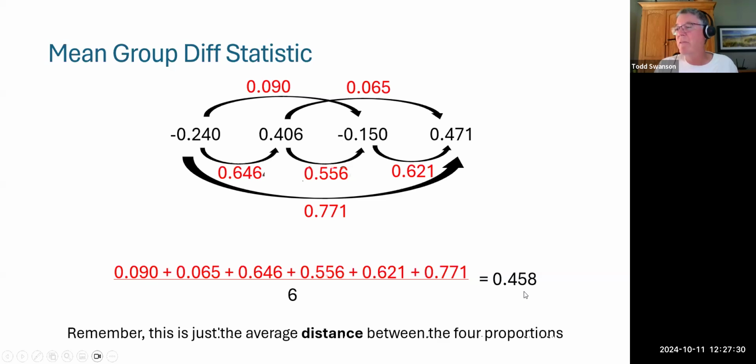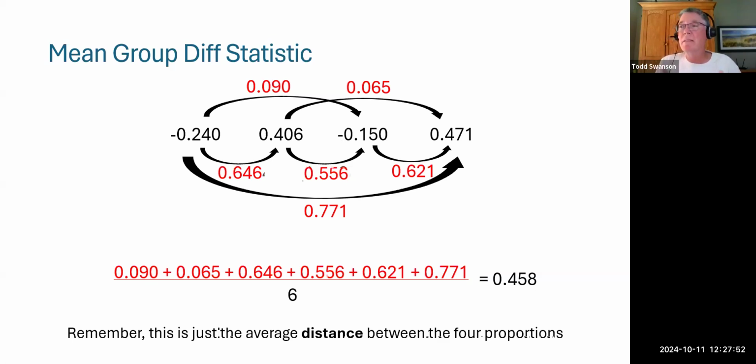It's about 0.45 or 0.458. Remember, this is just the average distance between these 4 proportions. And it might have been a good idea, when I did the 0.3, 0.4, 0.9, those are my numbers, we sort of had them almost like on a number line and spread out. Here, I don't have that at all.